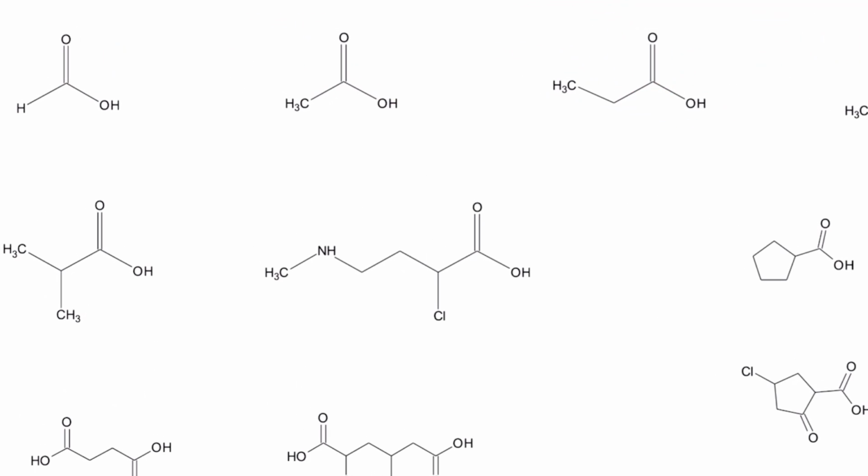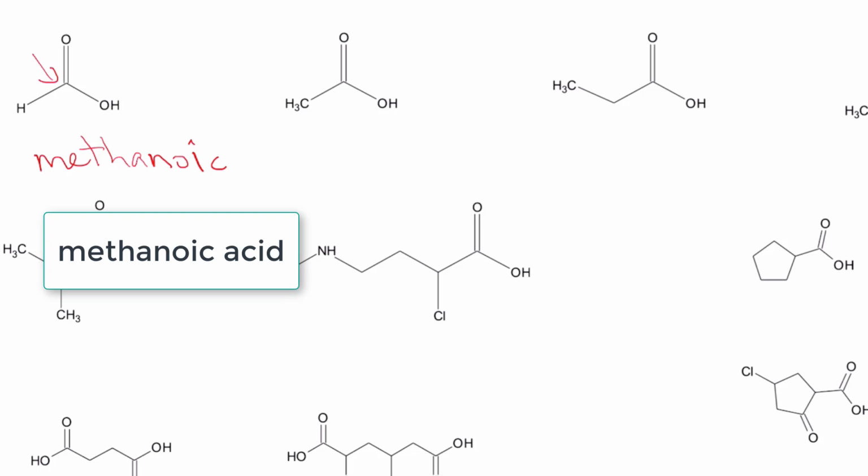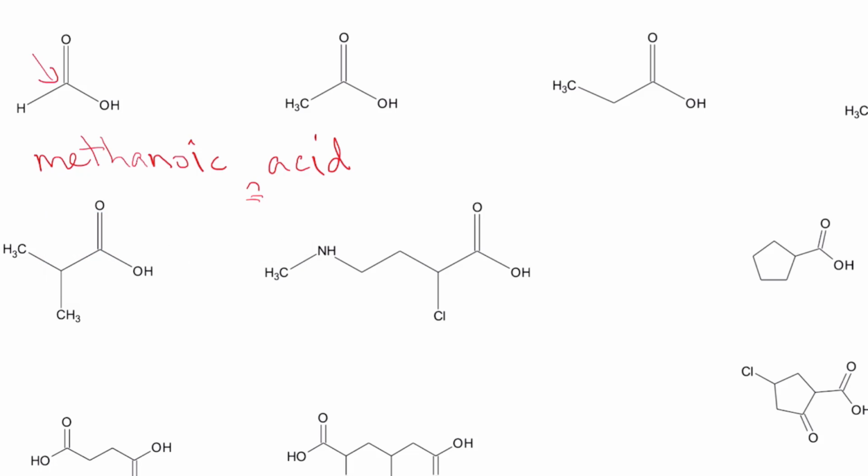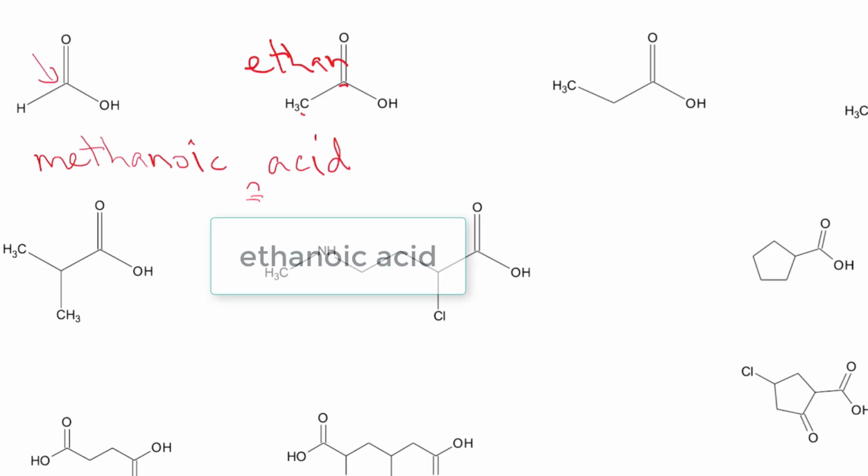So if we were to name the series of compounds here, there's one carbon associated with this, so it's a methane. So I'm going to call this a methanoic acid. There's a space here. There's two carbons in this. I would call this ethanoic acid.